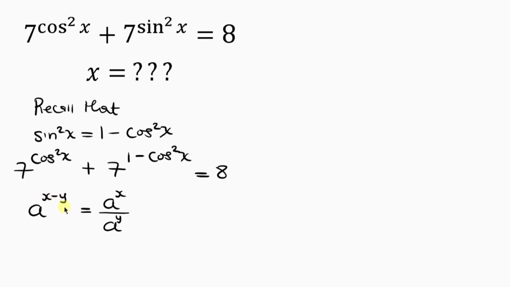So let's go ahead and apply this law to this expression. So we have 7 to the power of cos square x plus 7 to the power of 1 because of this one here, all over 7 to the power of this second expression, which is cos squared x, equal to 8.